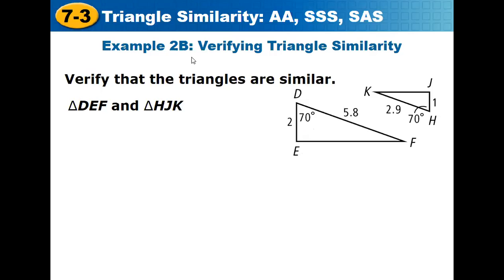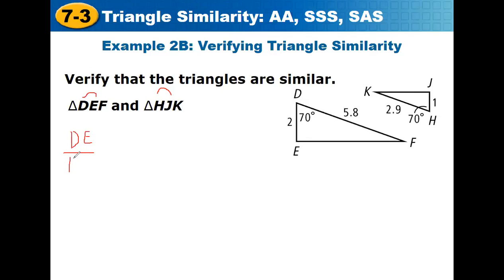Because he already put the sides for us, we will use proportionality, which means DE over HJ. Calculate quickly.